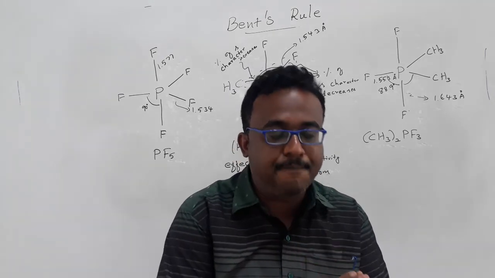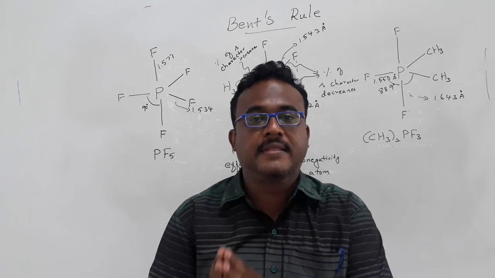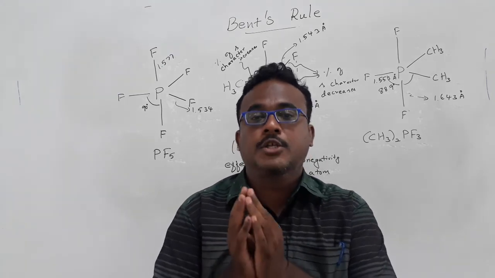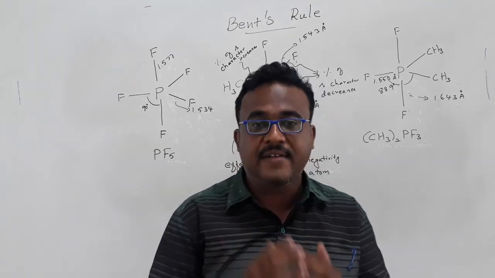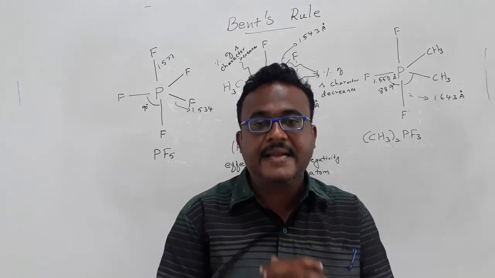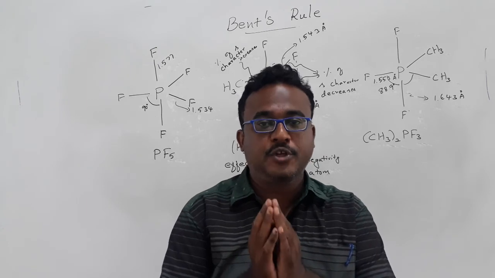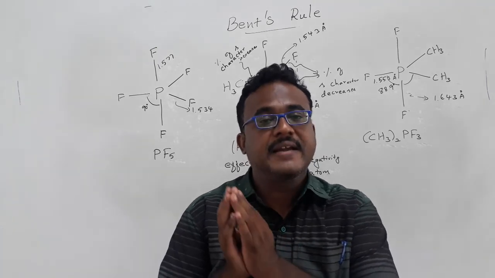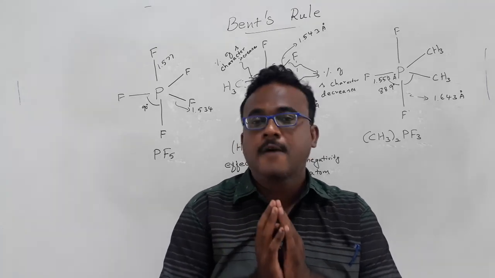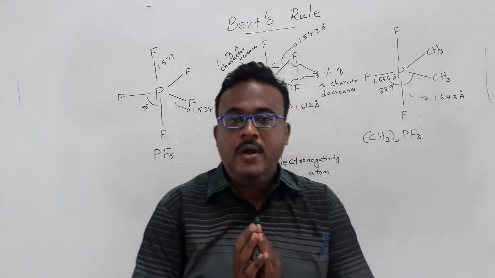Methyl radicals have planar geometry and trifluoromethyl radicals have pyramidal geometry. At last, we have compared the bond lengths and bond angles of phosphorus pentafluoride with monomethyl substituted phosphorus fluoride and dimethyl substituted phosphorus fluorides. So I am going to end this session.